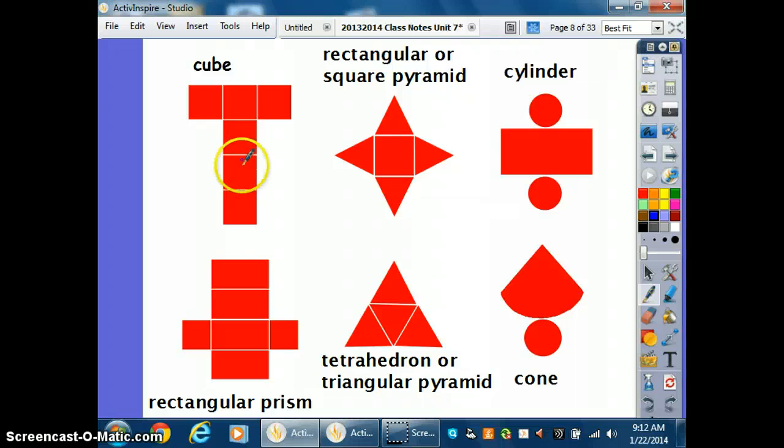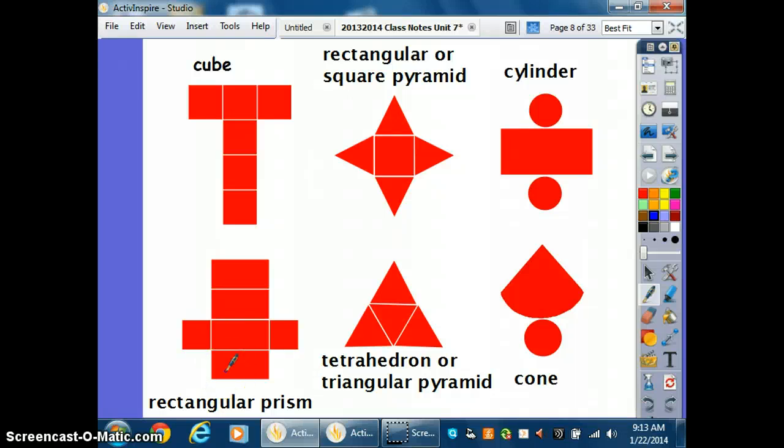So these 6 squares could fold up and form a cube.